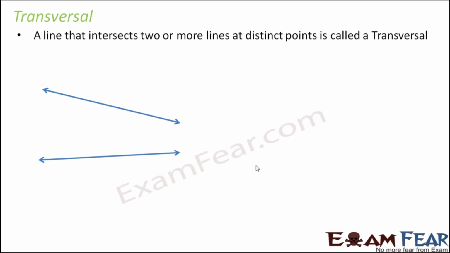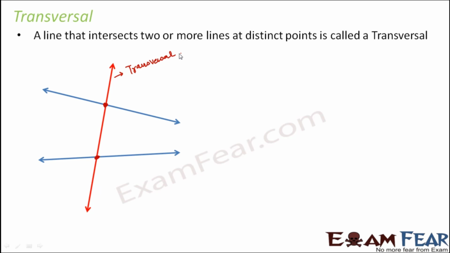Doesn't matter whether they are parallel or they are intersecting. Let's say you have two lines, and if there is another line which intersects two lines at distinct points, at different points, so it is intersecting the first line at this point and it is intersecting the second line at this point, this line is called a transversal.